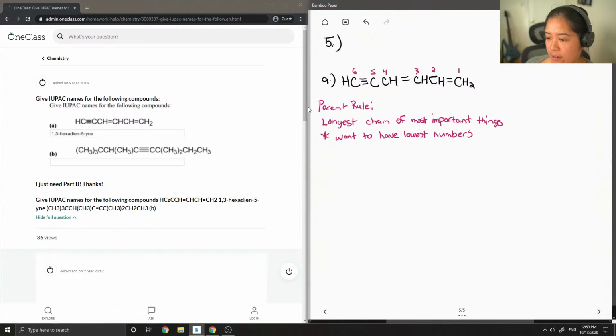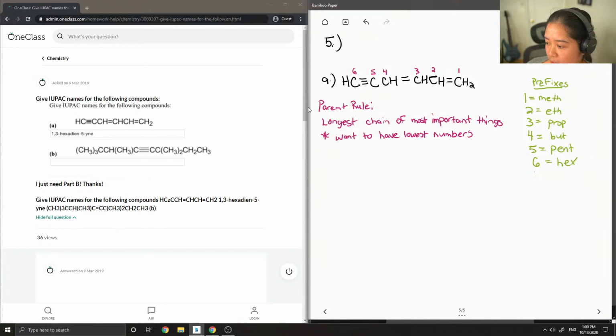Then I'm also going to write down the prefixes that are involved in this question. It's always important to memorize these prefixes, especially when you name. For 1, it's meth. 2, eth. 3, prop. 4, but. 5 is pent, 6 is hex.